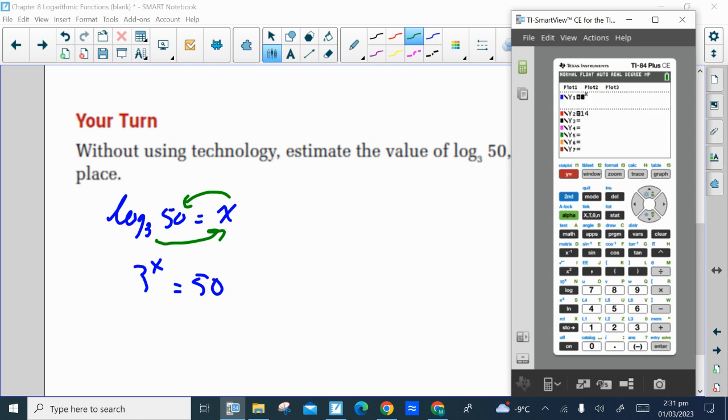Or, like we've seen, you can also use a graphing calculator. You can say y equals 3 to the x as our first equation. Our second equation will now be y equals 50. When we set our windows, our y max will have to be something larger than 50. Let's say 55. And I'll set my y scale to 5. And you need to find the point of intersection.